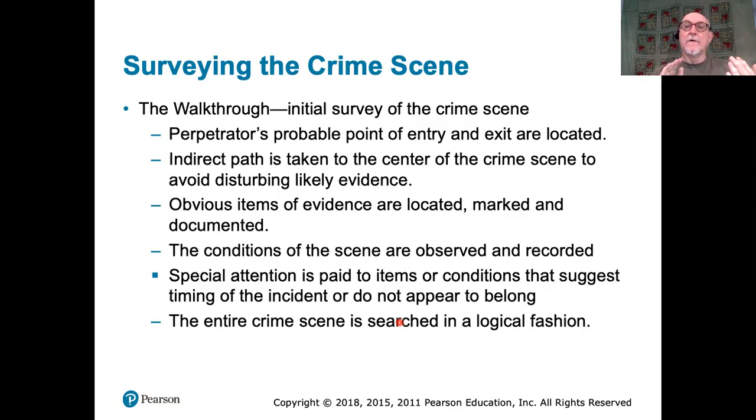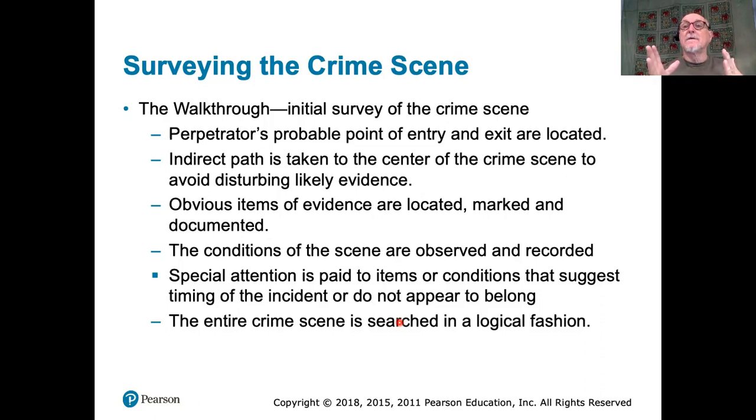That is very important, because that path may have objects, it may have footprints, it may have all sorts of physical evidence associated with it, and it is to be avoided by the investigators. The investigators will attempt to stay away from the route which a perpetrator is likely to have followed. Of course, they can't tell exactly necessarily, but they will stay away from likely routes to avoid disturbing them.